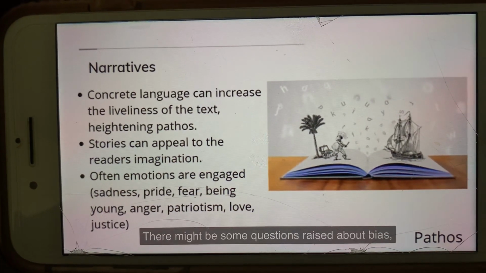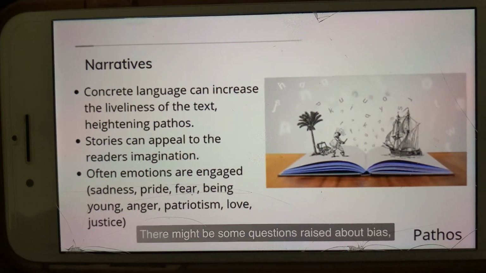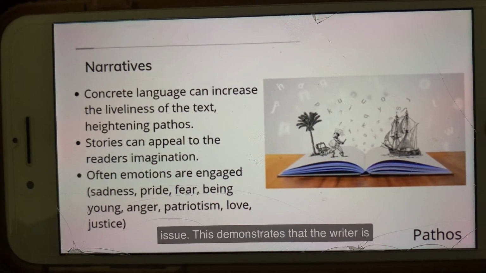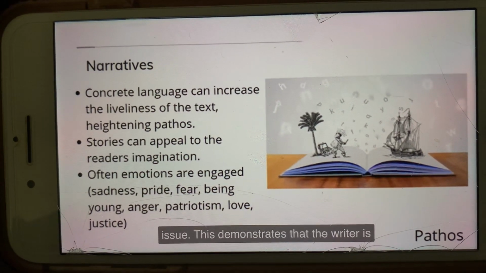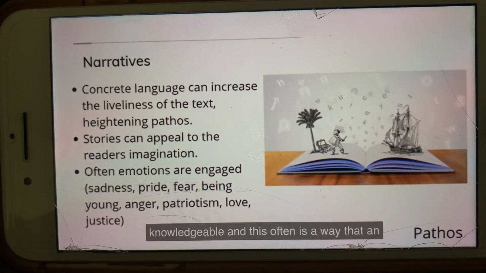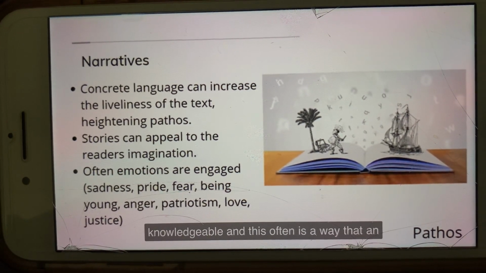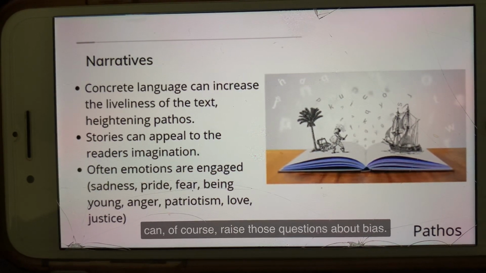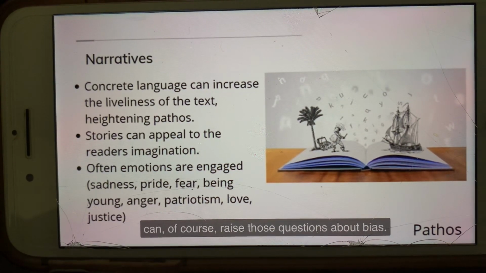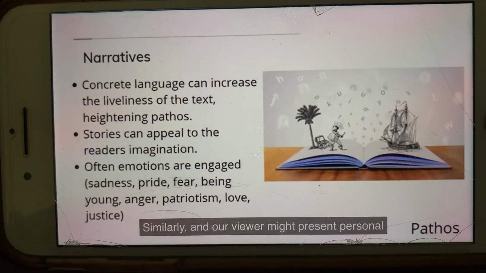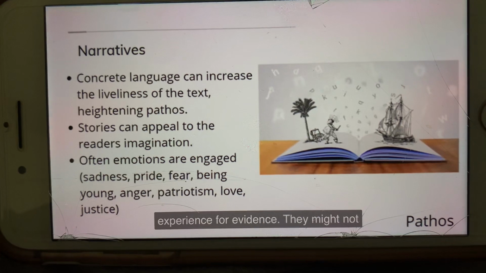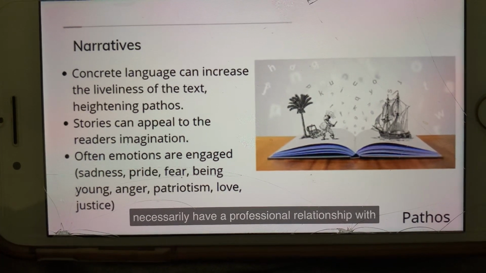Narratives might be used, little stories, for support, and it might be the writer's own narrative, a personal narrative, but it might be narratives about other people, telling a little story about someone else who was affected by the issue, for example. And these can appeal to pathos because they will often utilize concrete language, details that increase the liveliness of the text and heighten that emotional connection.